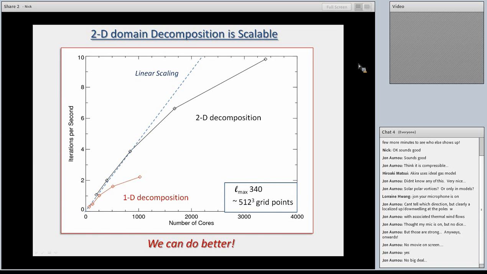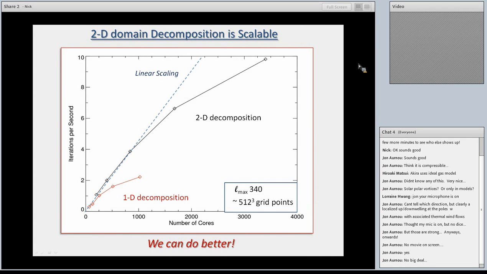must be on Pleiades, I believe. This is on NASA's Pleiades supercomputer, and I'm showing scaling, so how many iterations per second we get as a function of the number of cores we use. This is for an LMAX 340 case, so something like 512 in theta, 1024 in phi, and then something like 256 points in radius.